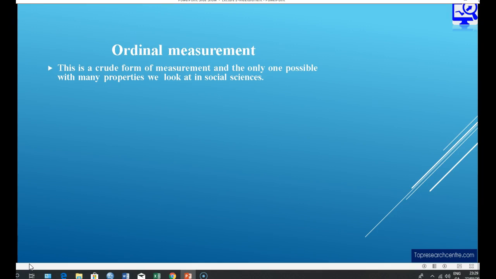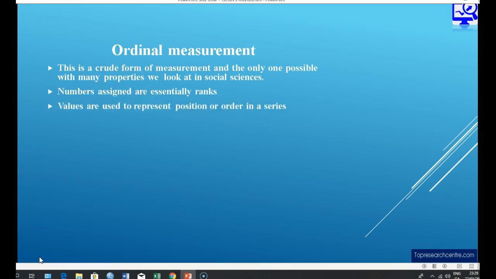Numbers assigned are essentially ranks to represent position or order in a series. So numbers are ranks and they show position in a series.